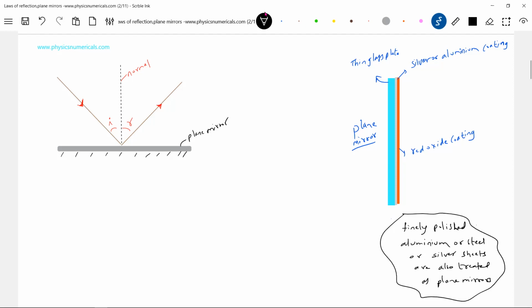Now I'll drop a normal. This surface will be available for reflection. This is unsilvered. This is silvered. When you take the plane mirror, usually it's a bit thin. In the diagram, to show all the things, I'm showing it a little bit thick here.